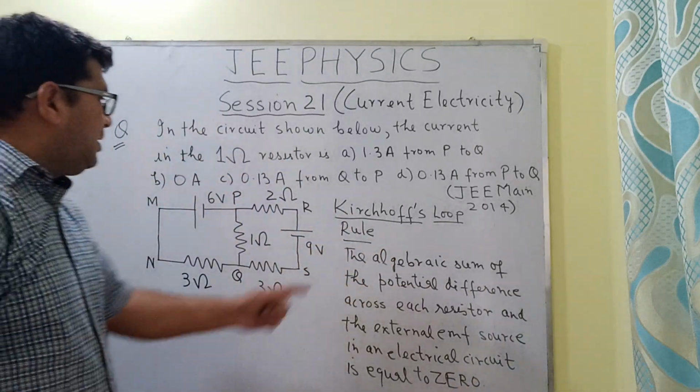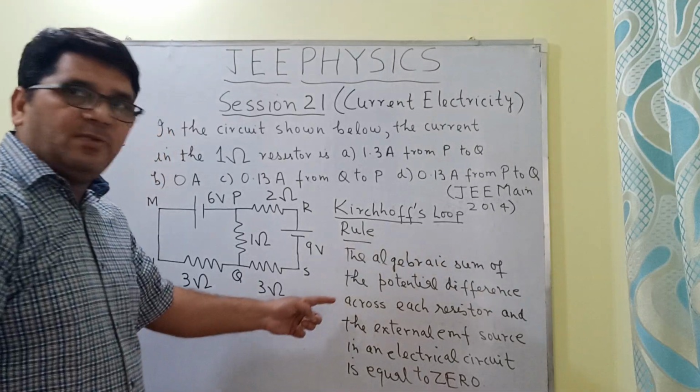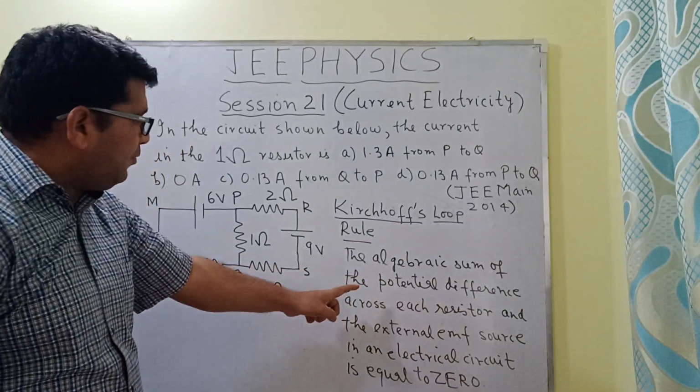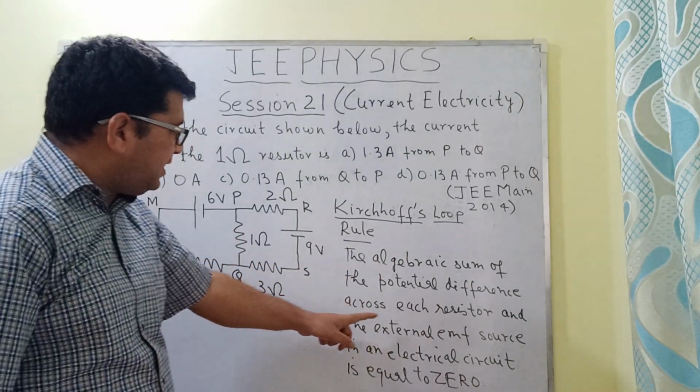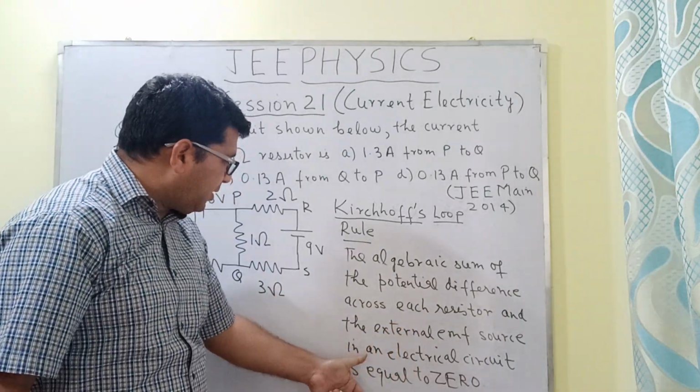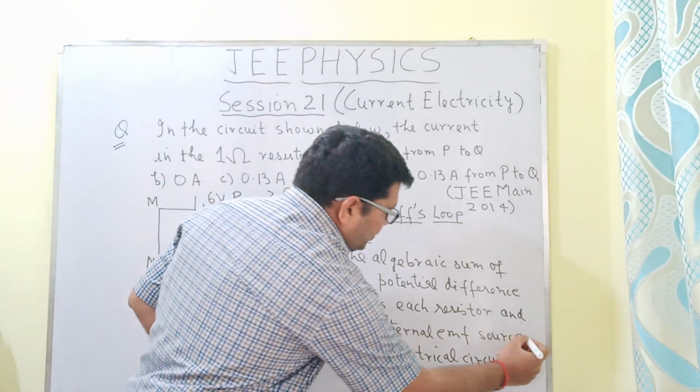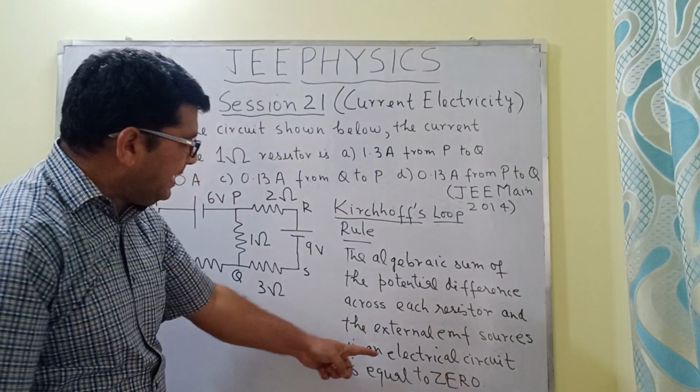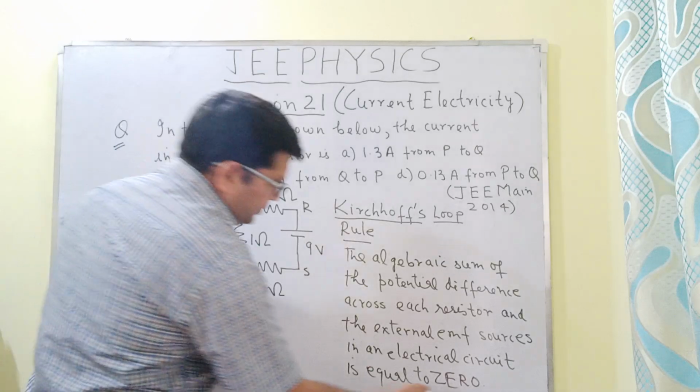So I will be using Kirchhoff's loop rule, which says that the algebraic sum of the potential difference across each resistor and the external EMF sources in an electrical circuit is equal to 0.